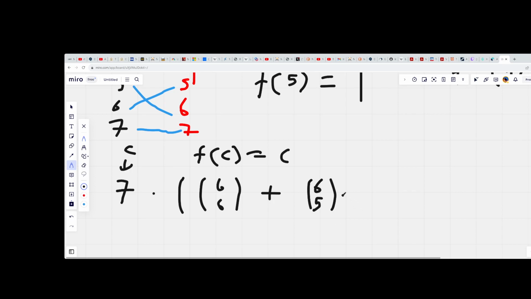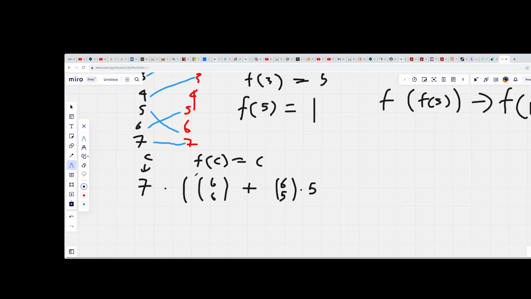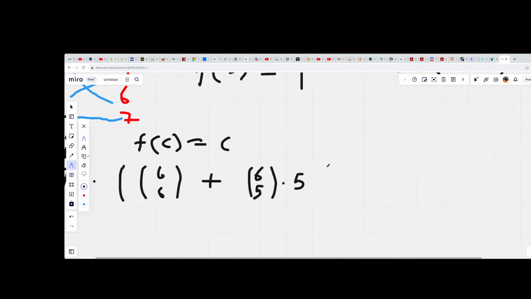So there's going to be 5 ways to do that. And now for our next one, I think you kind of see where this is going. We need to pick 4 things that map to our constant.